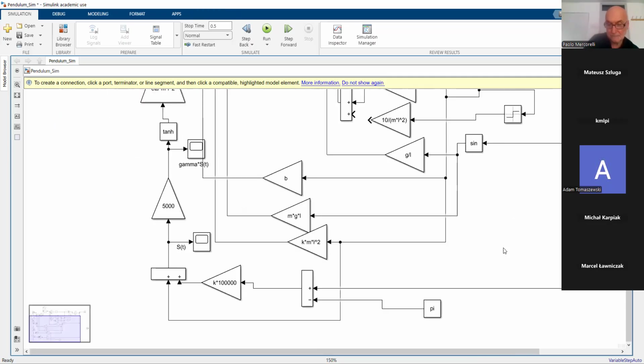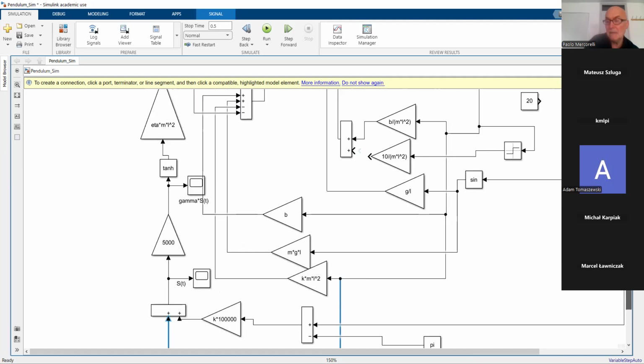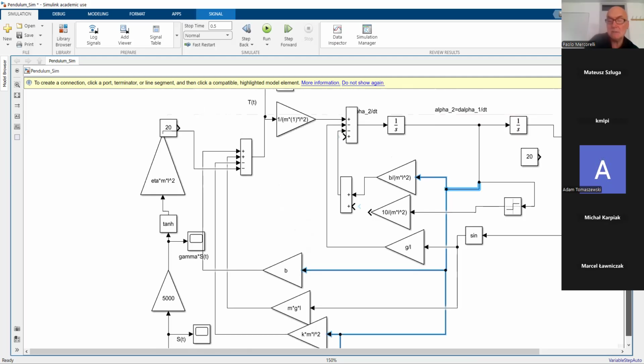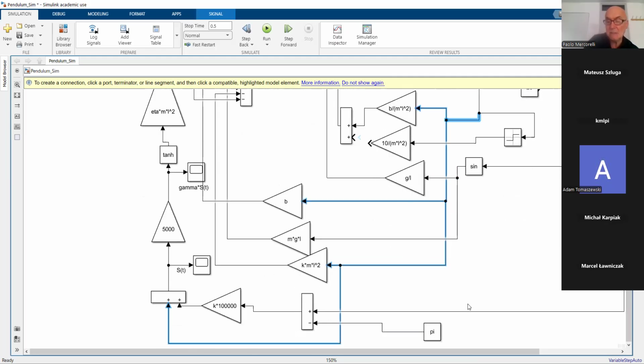Look, alpha 2. You remember here we have alpha 2, the velocity, minus 0, which I didn't put, plus k. Also here some student asked me what happens for large k. Instead of changing k in the M file, I change directly here.